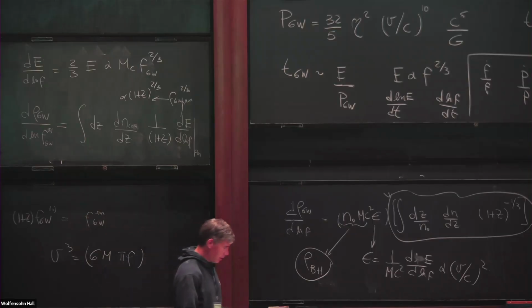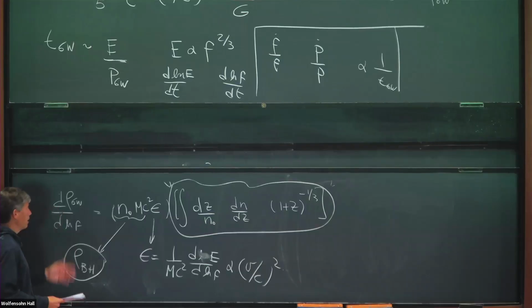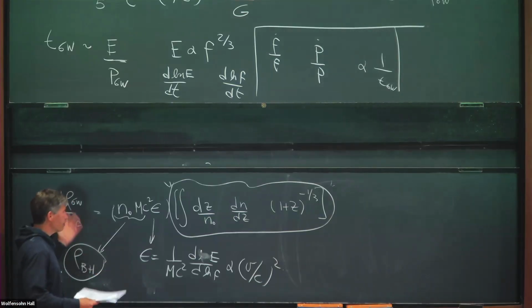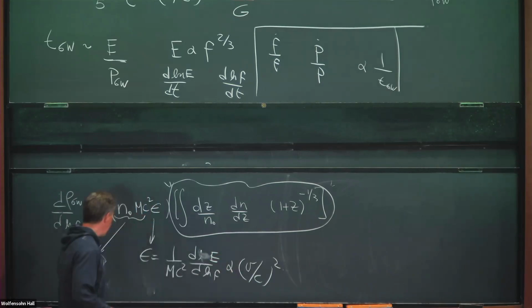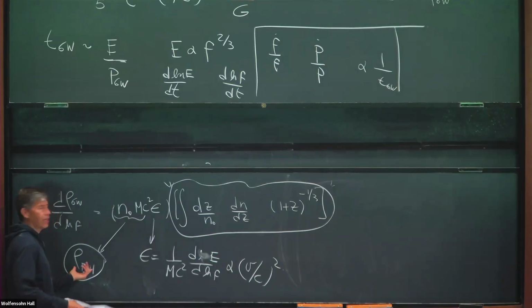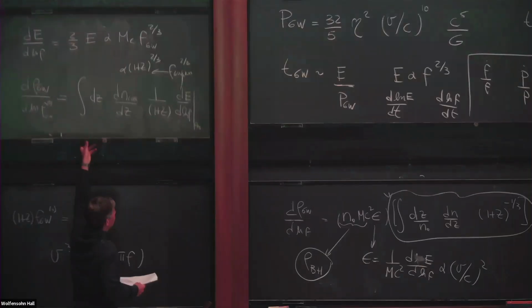So to do this, to finally plug in some numbers and get the size of this background, we need a couple of things. We need the masses of these black holes in order to estimate this efficiency. And we also need to count them somehow, how many black holes there are around us, okay? So let me mention two ways to count the black holes around us.